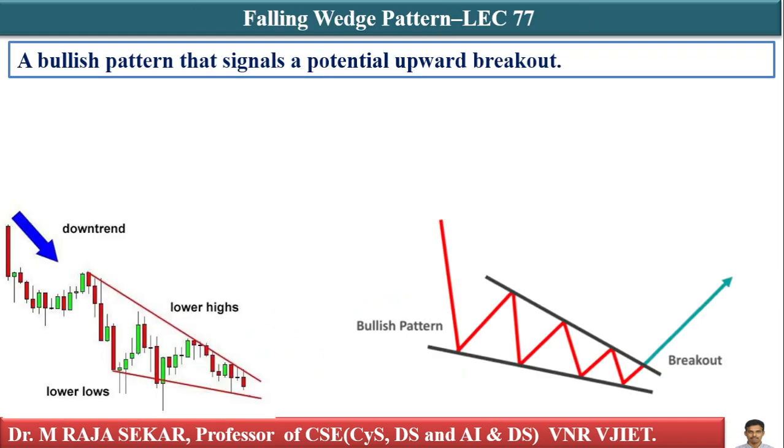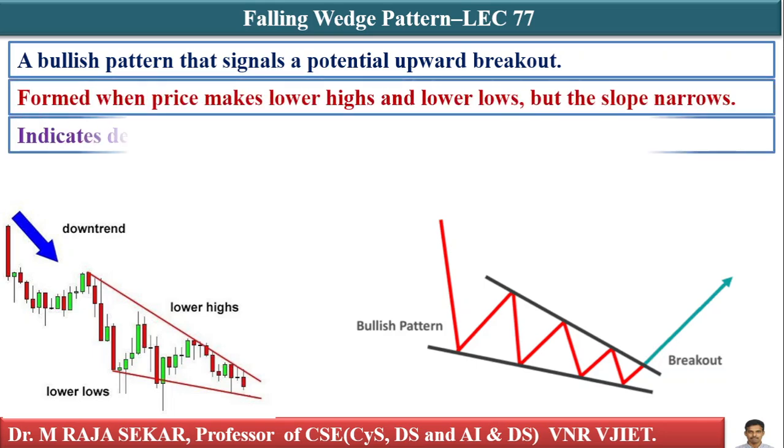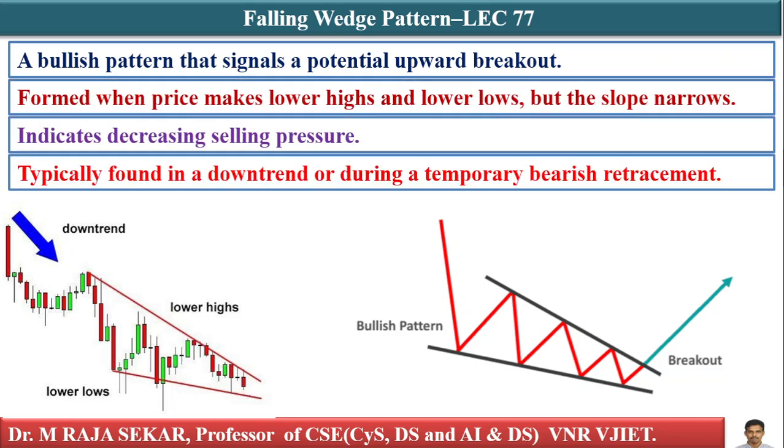Now, what is the falling wedge pattern? Just see, the falling wedge pattern is a bullish chart pattern. That is important. It is a bullish chart pattern that signals a potential reversal or continuation of an uptrend in stock price movements.